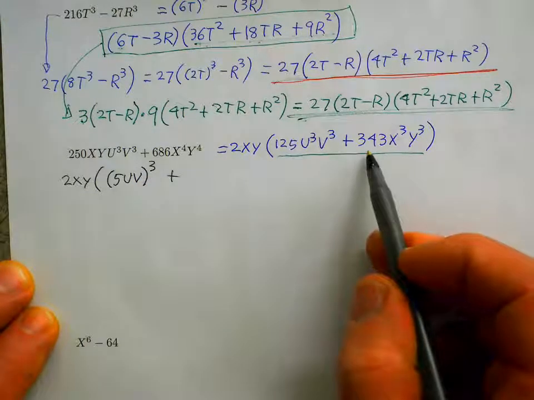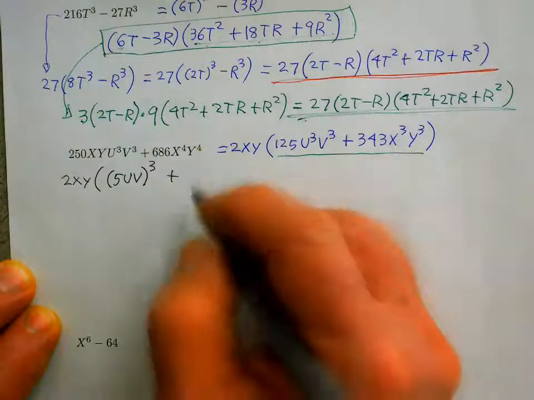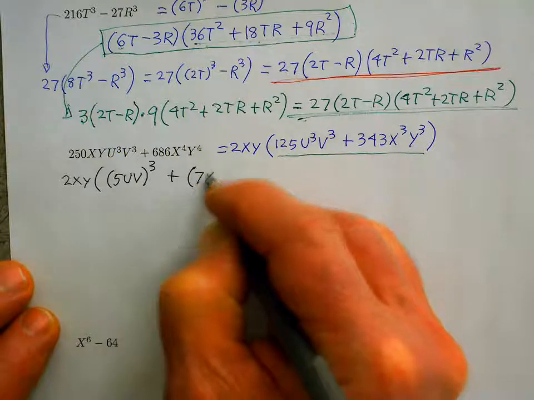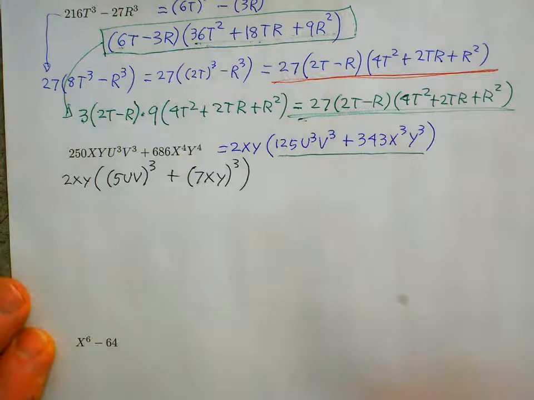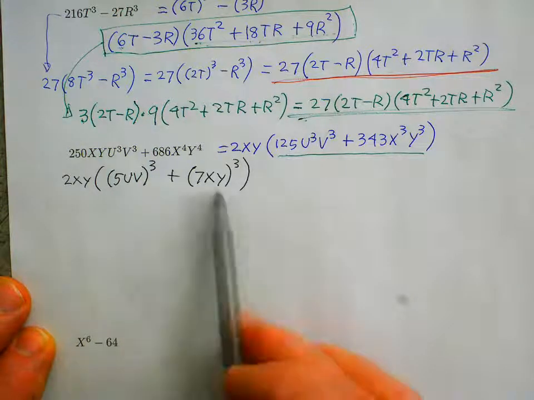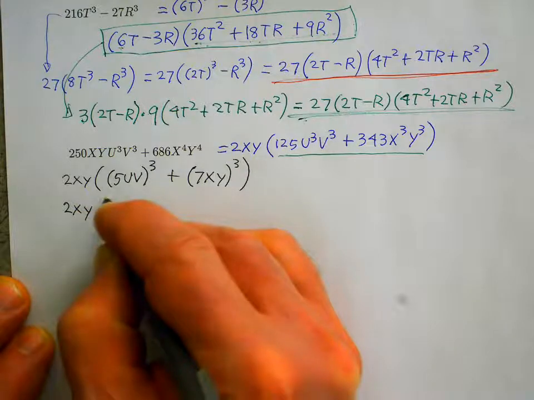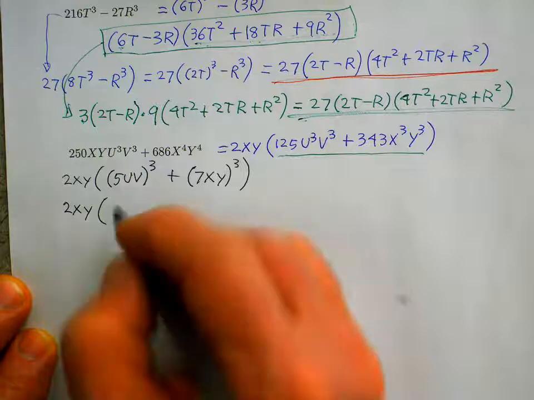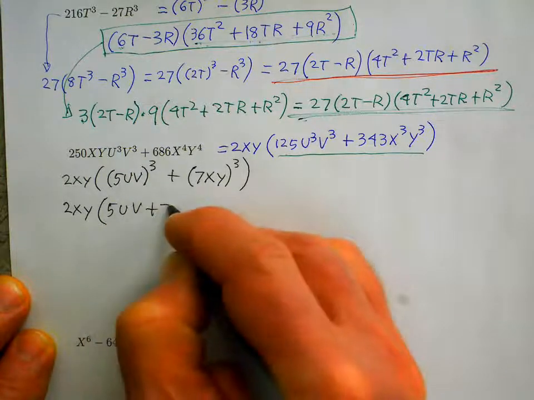And then we will replace 343 x to the third, y to the third with, in parentheses, 7 times x times y, to the third. And we can see that we have a sum of cubes. So we can apply the sum of cubes factoring formula. The binomial is 5uv plus 7xy.